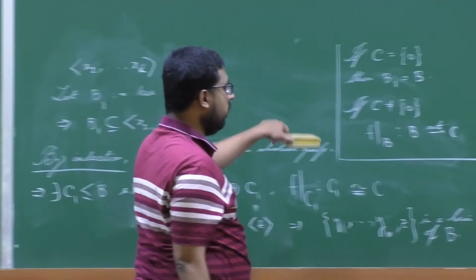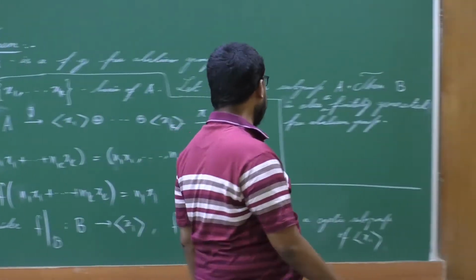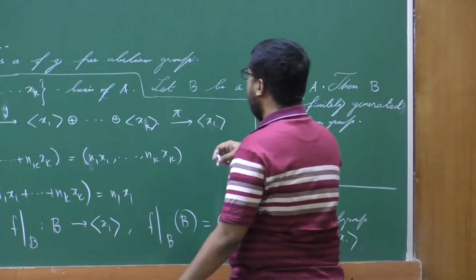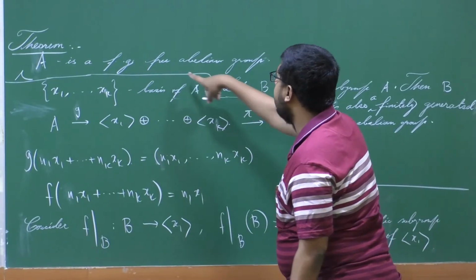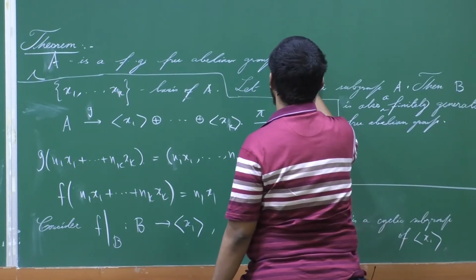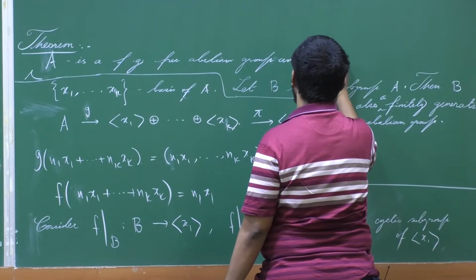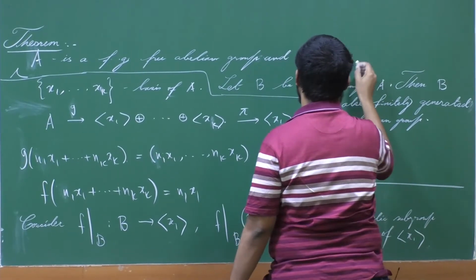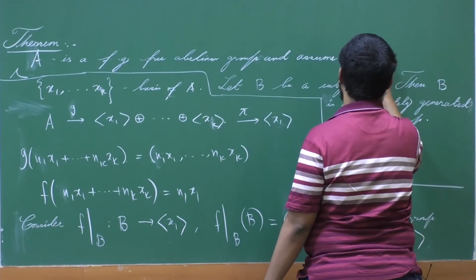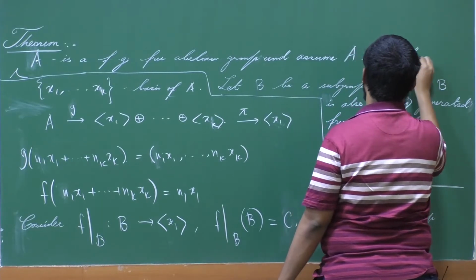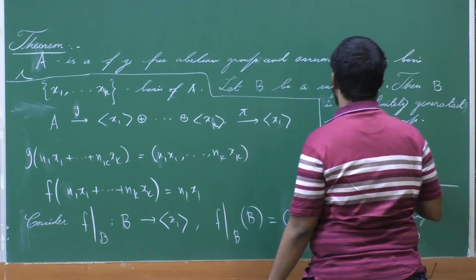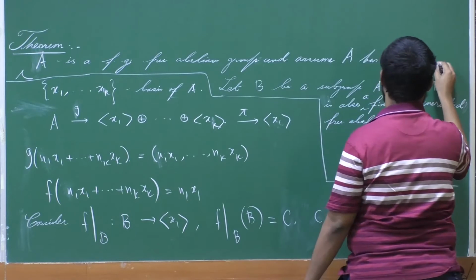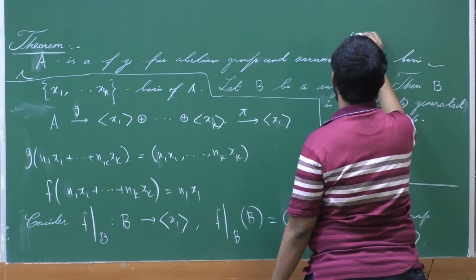So, a similar thing you should also expect here. For that we have to formulate it according to this. So, A is a finitely generated free abelian group, and assume that A has a basis consisting of k elements.